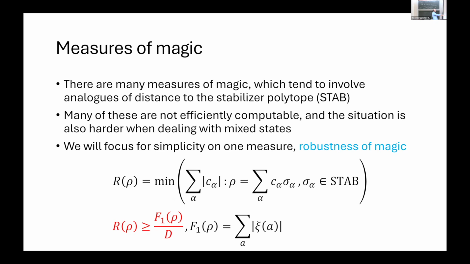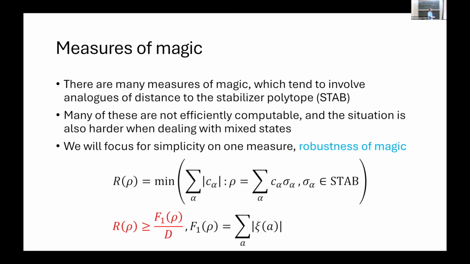It's defined here, so it's just the sum over all choices of operator, all of these different strings, of the 1-point function in the state rho. We have n fermions, so there's 2 to the n strings. For each of those 2 to the n strings, you measure the expectation value of that string. It will usually be a very small number, so these are very small numbers in general. We take the absolute value, we add them all up, and that's what this F1 quantity is.